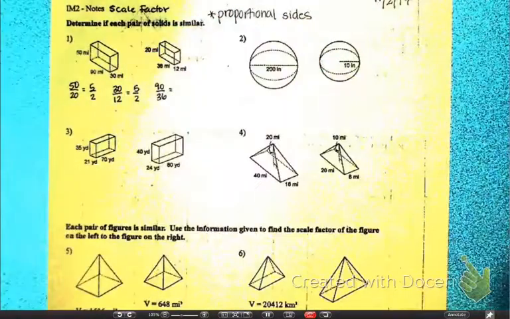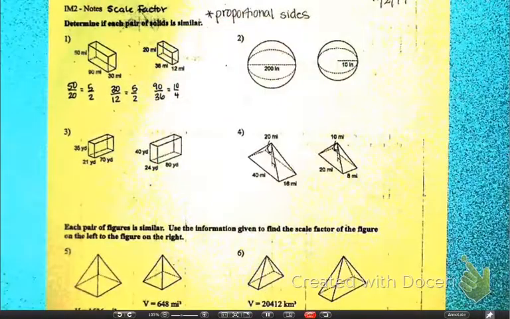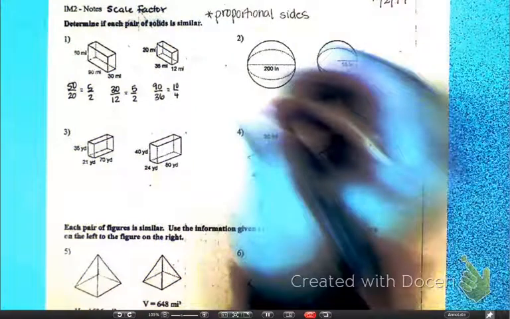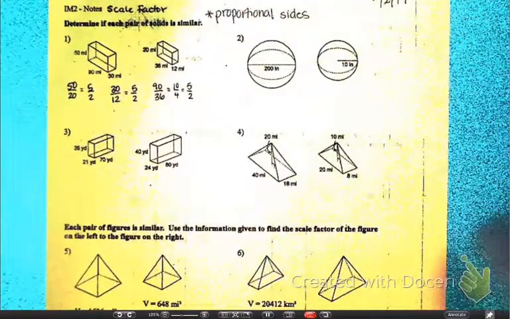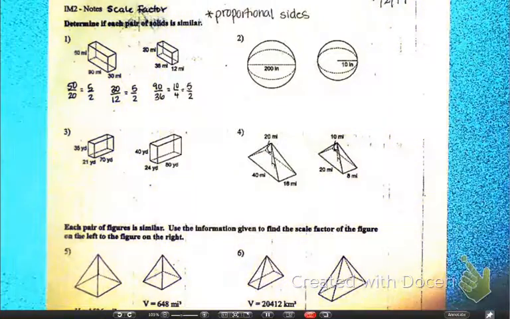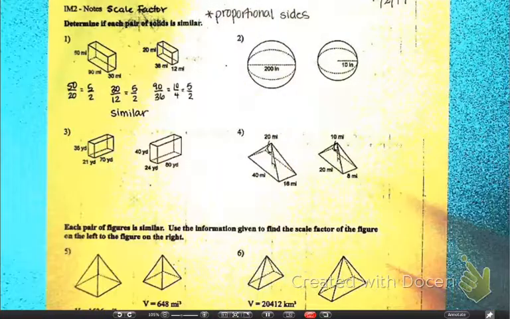And that reduces by 9. So if I reduce by 9, I get 10 over 4. Can I reduce 10 over 4? To 5 over 2. So because all three of those sides are proportional, these two figures are similar.